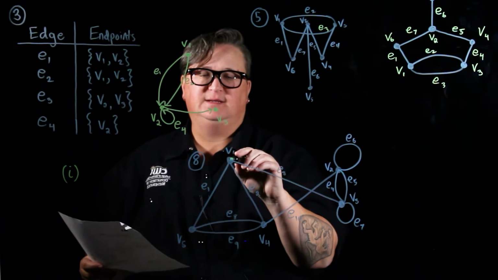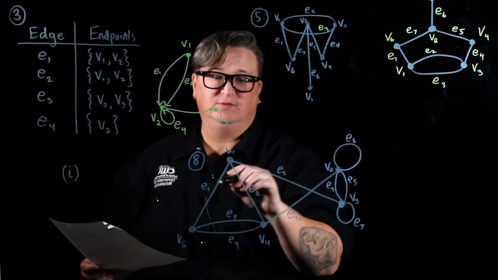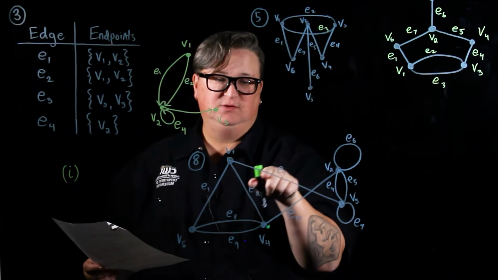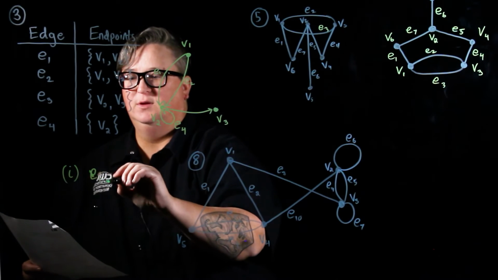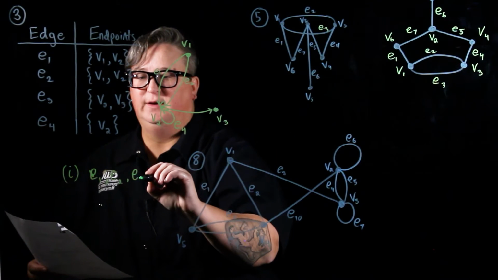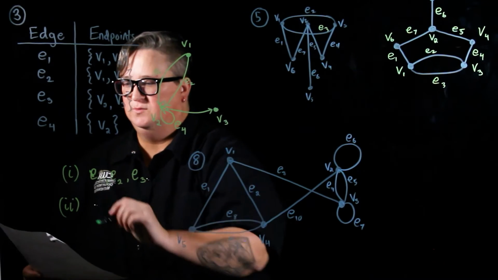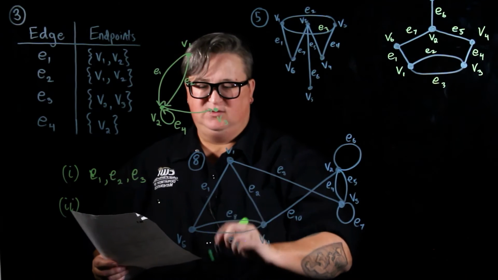Incident means that vertex 1 is one of the endpoints for those edges. So if we look at vertex 1, we can see that edge 1, 2, and 3 come out of that. So that's our answer there.